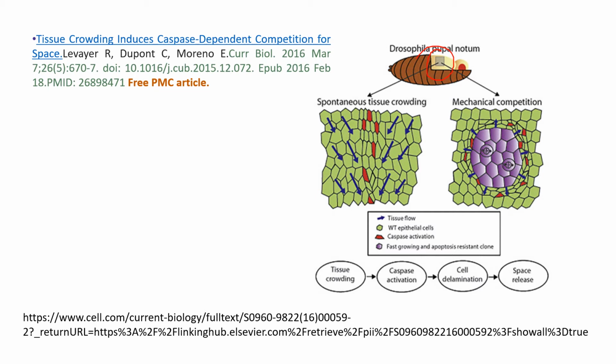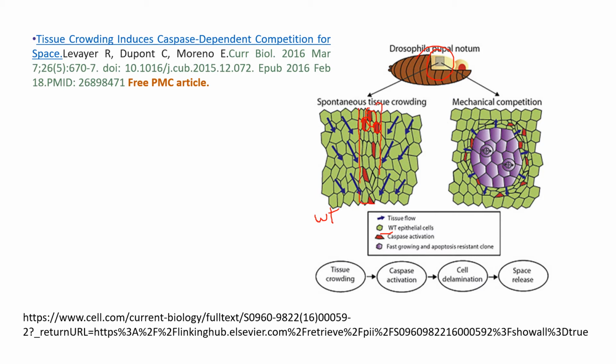When you have a wild type, and this is the wild type here, you have wild type cells, and we found that there is a protein that is involved in the cell death. So you find that as there is compression in this region in the middle, cells will die.